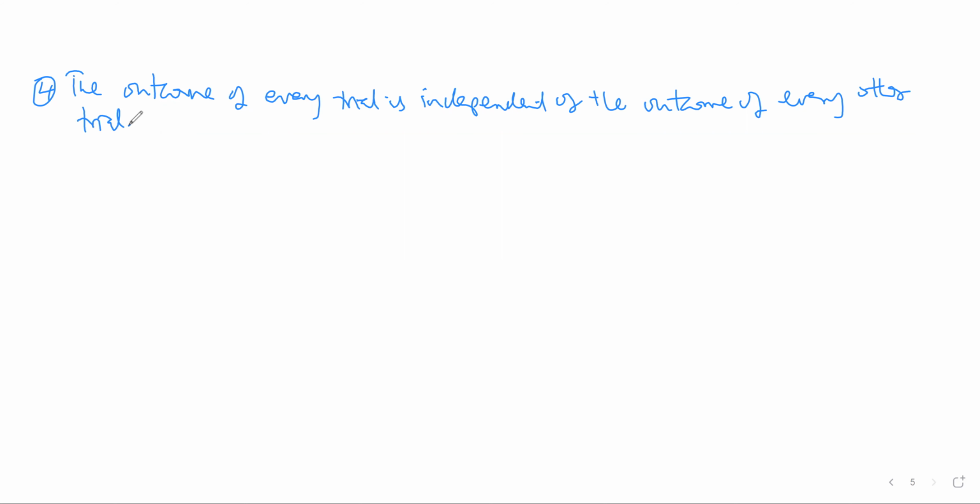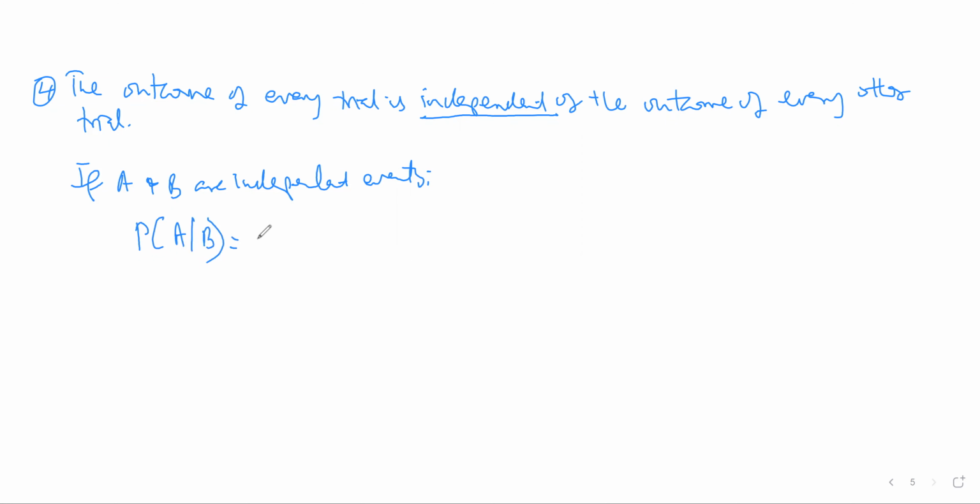Independence is a concept that you might have come across in Introduction to Statistics, where we say that if two events, A and B, are independent, then the probability of A, given that B has occurred, is the same as the probability of A. The left-hand side has a condition.